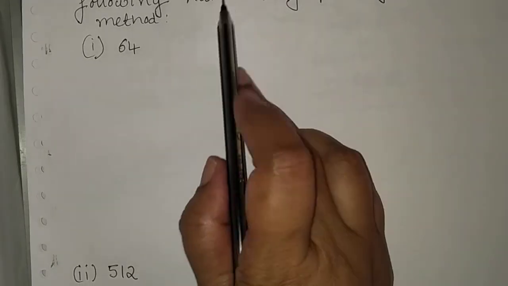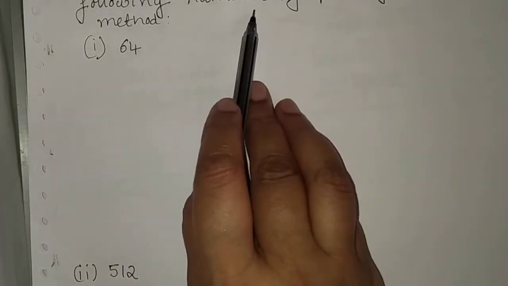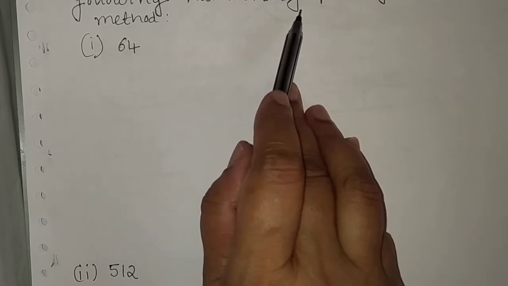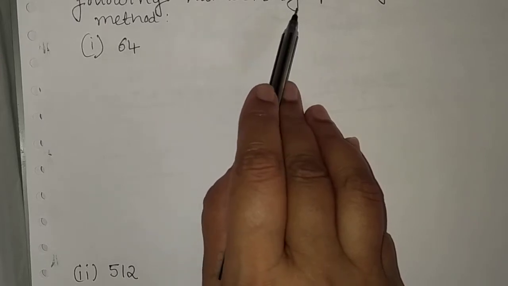So we move on to 7.2. Here the question given is, find the cube root of each of the following numbers by the prime factorization method. So we'll write down the solution for this problem.